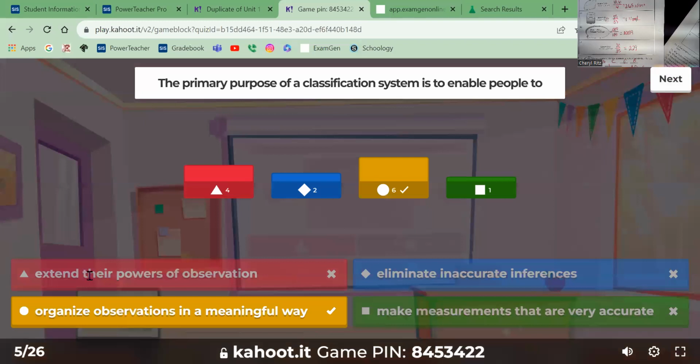We do not extend our powers of observation. That's an instrument. So if we used a ruler or a microscope or a satellite, that would extend our sense of sight. That's not classification. We don't eliminate inaccurate inferences when we organize, and we don't make measurements. Classifying is to organize.